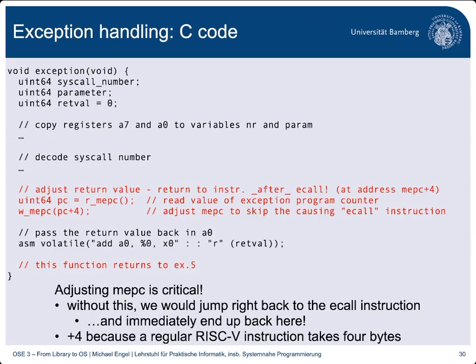That's a trick we can use. If it was an eCall and not another trap, we have to add 4 to this MEPC value in order to return to the instruction after the eCall. This is critical. Without it, we would just be stuck in an endless loop when we call an eCall.